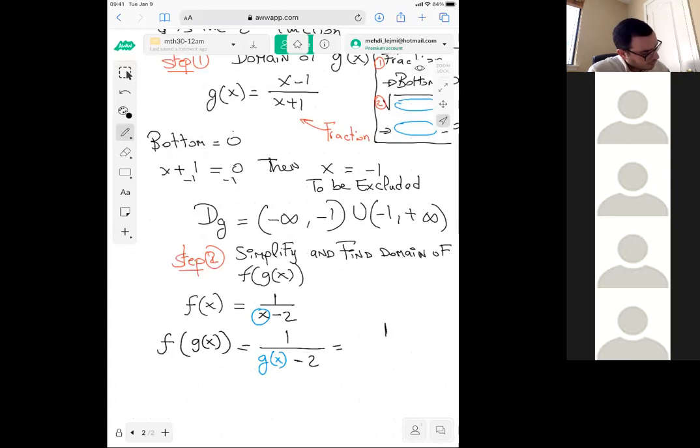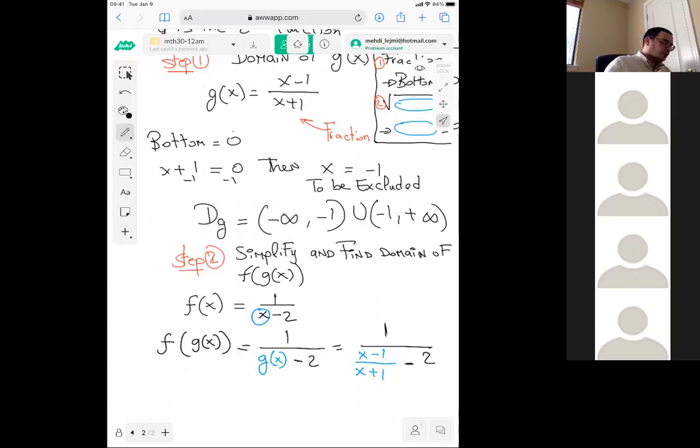So g of x is x minus 1 over x plus 1, and then there's a minus 2. We need to simplify this.